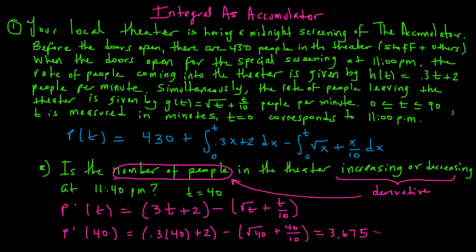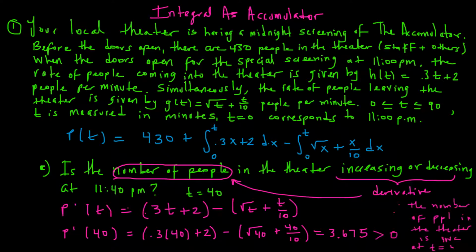So all you have to say is now, this is greater than 0, and I would say something like, therefore, the number of people in the theater is increasing at t equals 40.